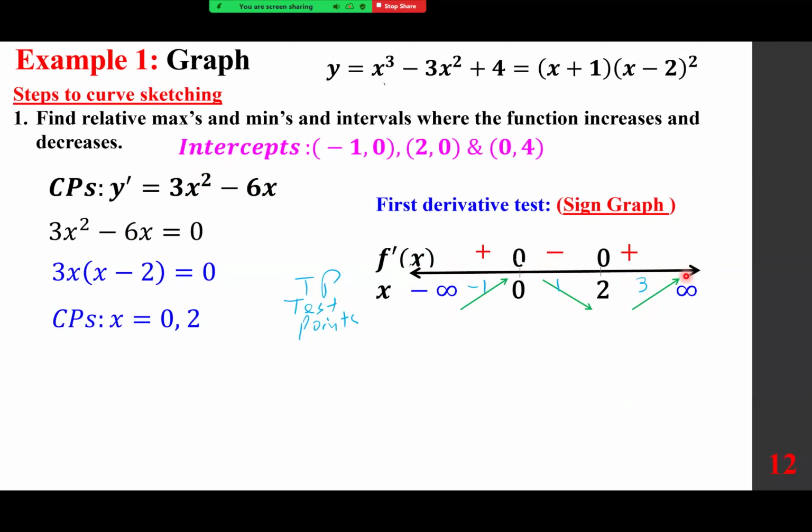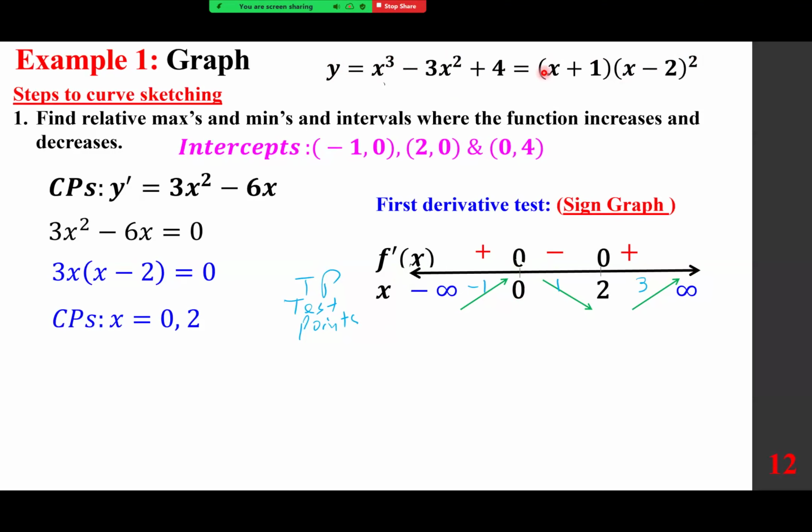So as it changes from increasing to decreasing, it gives us a local max. As it changes from decreasing to increasing, it gives us a local min. So local max and local min. Local max occurs at x equals 0. Now you've got to put that into the original function.